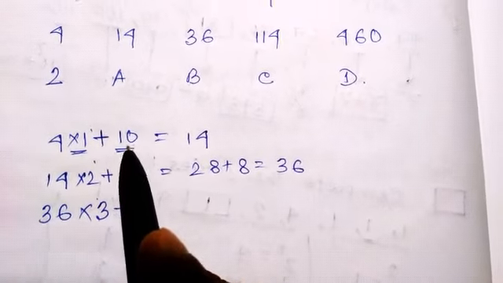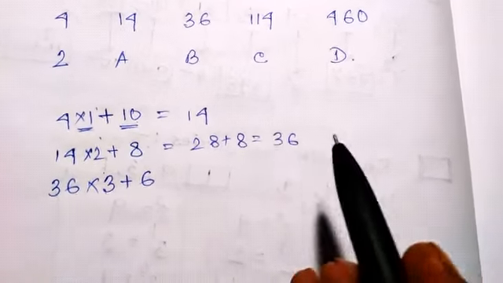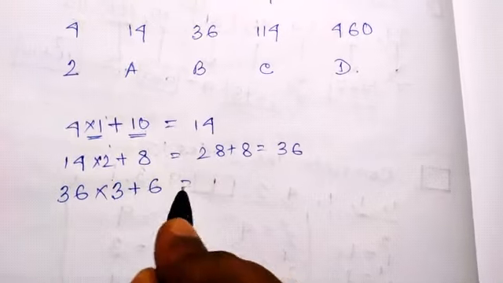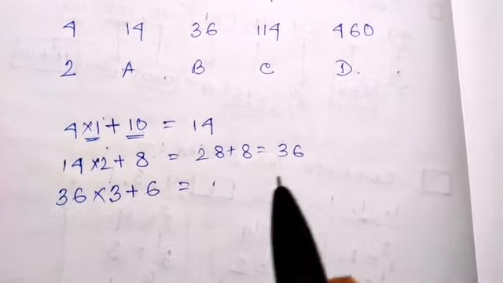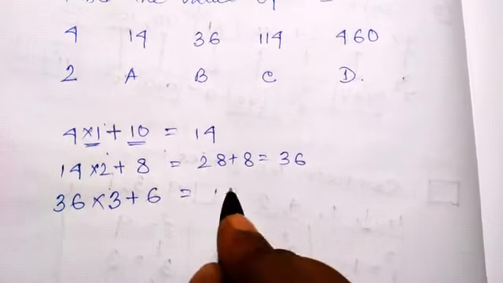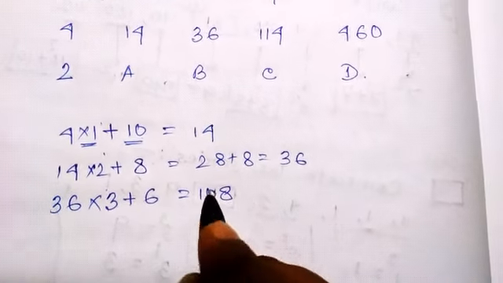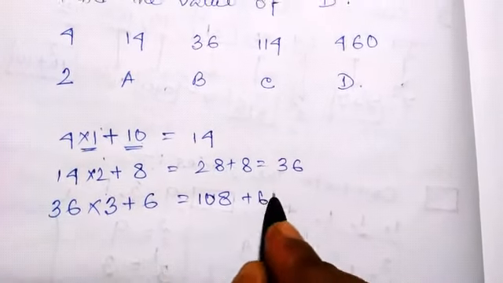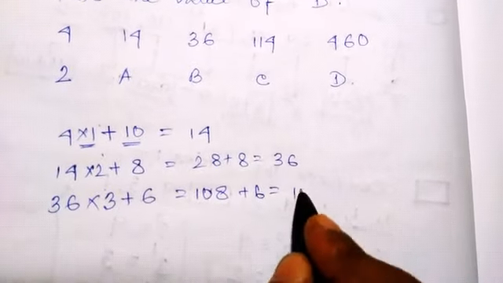So this one will be 3 into 36, that is 108, plus 6, that is 114.